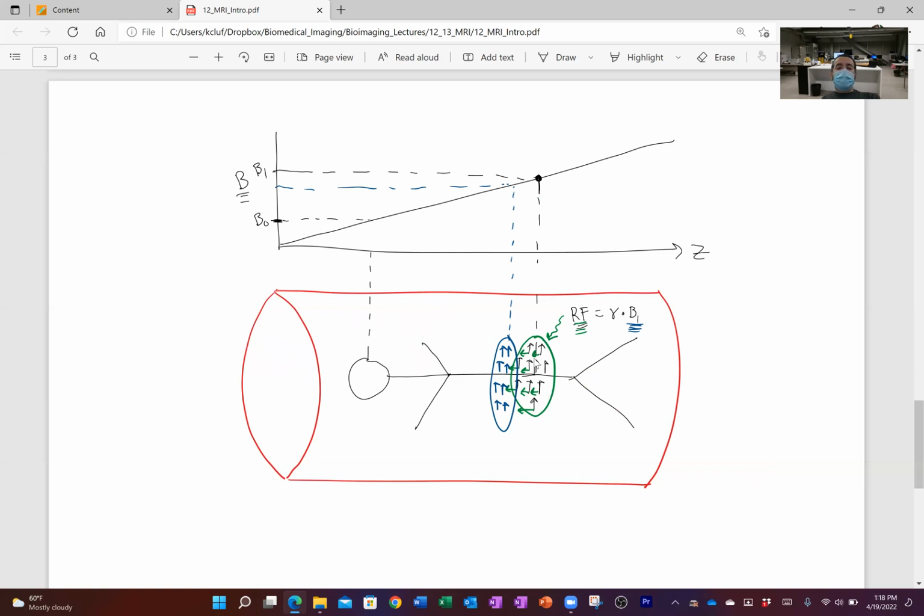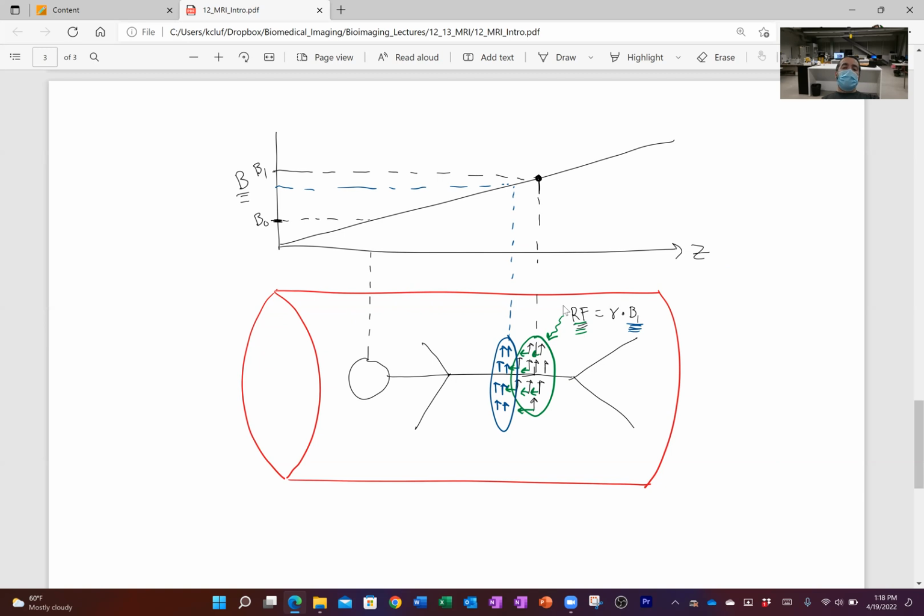And remember, the patient's hydrogen atoms have a whole bunch of little magnetic moments, and they are going to align themselves with the strength of the external B field, okay?